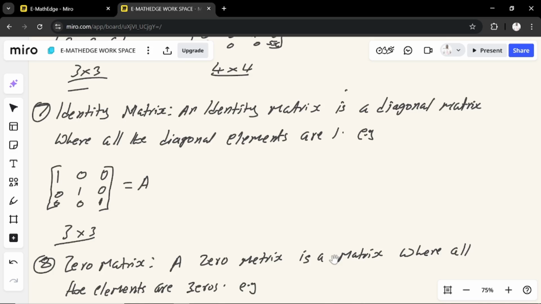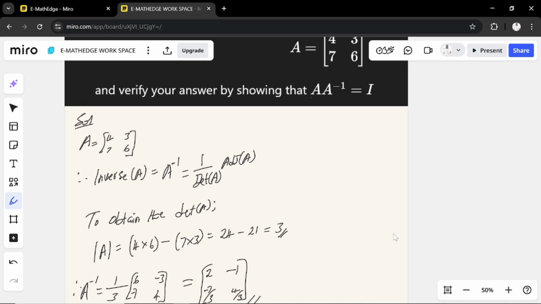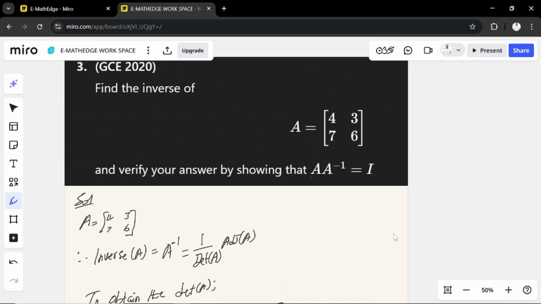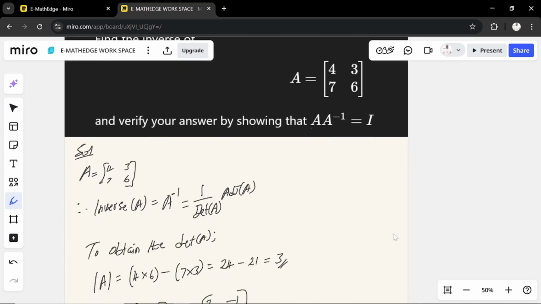Because we earlier defined identity matrix to be a matrix whereby all its diagonal elements are 1. So in conclusion, we can say that the product of A by the inverse of A is equal to an identity matrix. We've obtained the inverse of the matrix, and we've as well shown that the product of A and the inverse is an identity matrix.